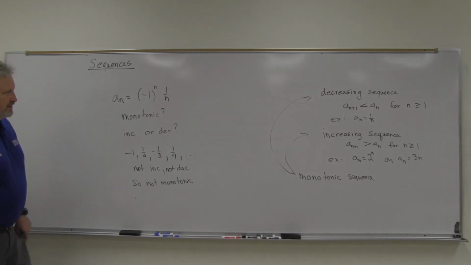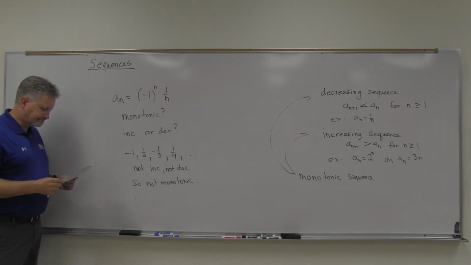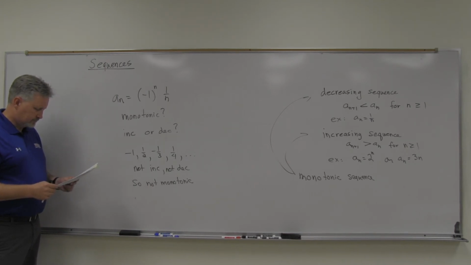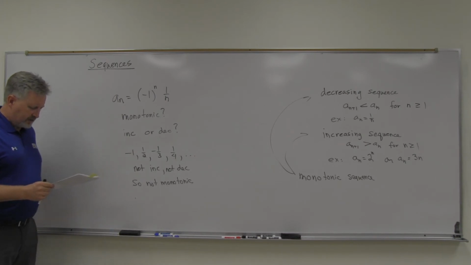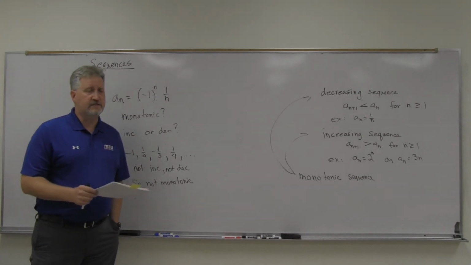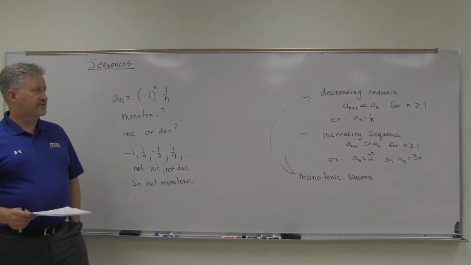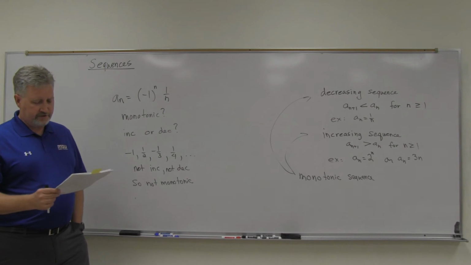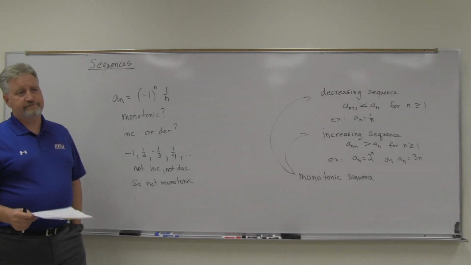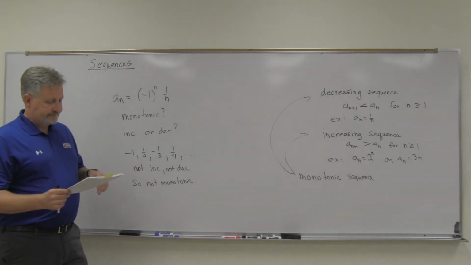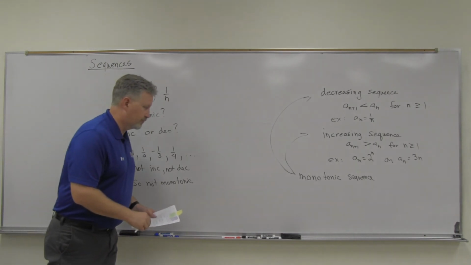Monotonic just means it's one or the other. The only other thing I would mention is if you're stuck on whether one increases or decreases, just take a look at the graph. That's one way.